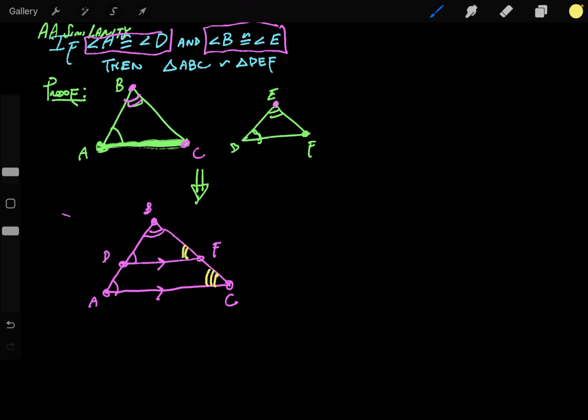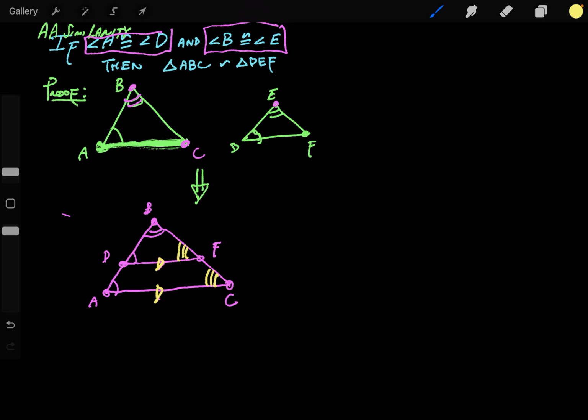So I'll put 3 ticks to illustrate that. Just for good measure, keep in mind that if you have two angles congruent in one triangle to two angles in another triangle, then by the third angles theorem, these two angles are congruent. Angle F and angle C are going to be the same. But either way, you're going to have that these two lines are parallel.